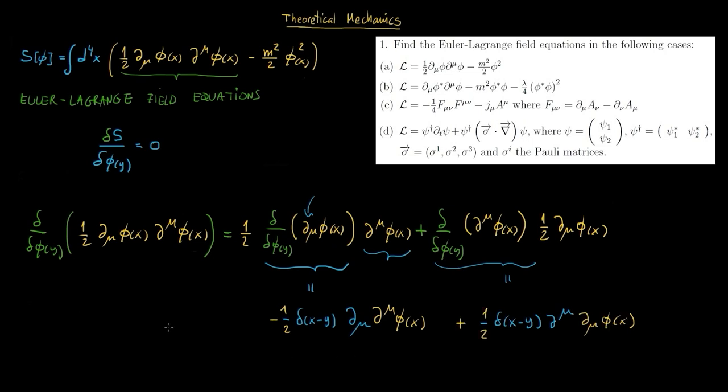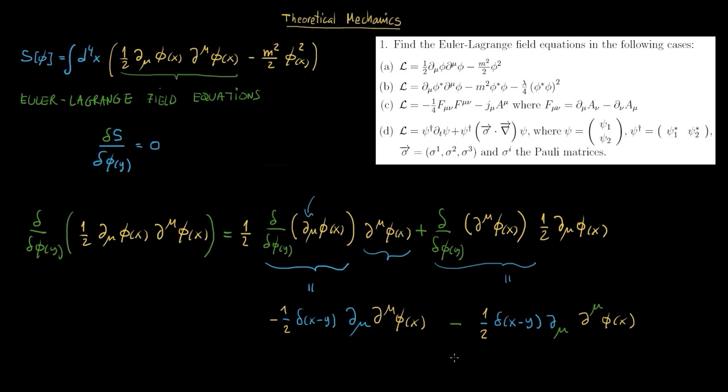But remember, we are dealing with tensor objects. If you come across something like this, a_μ b^μ, this is the same as a^μ b_μ. So we can lower this index and raise this index, because it's the same. Sorry, there is a missing minus sign.